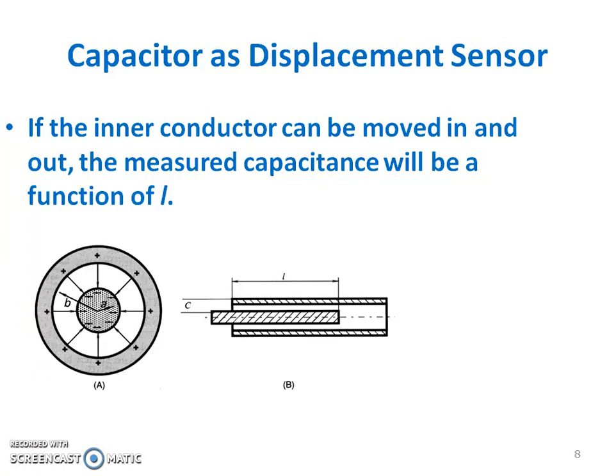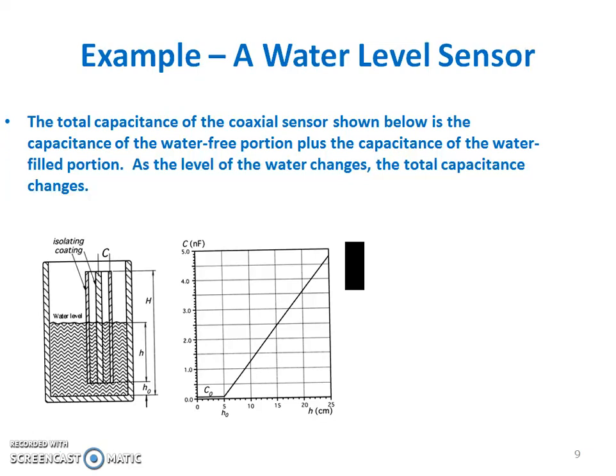If the inner conductor can be moved in and out, the measured capacitance will be a function of length L. In a water level sensor, the total capacitance of the coaxial sensor shown in the figure is the capacitance of the water-free portion plus the capacitance of the water-filled portion. As the level of water changes, the total capacitance changes.